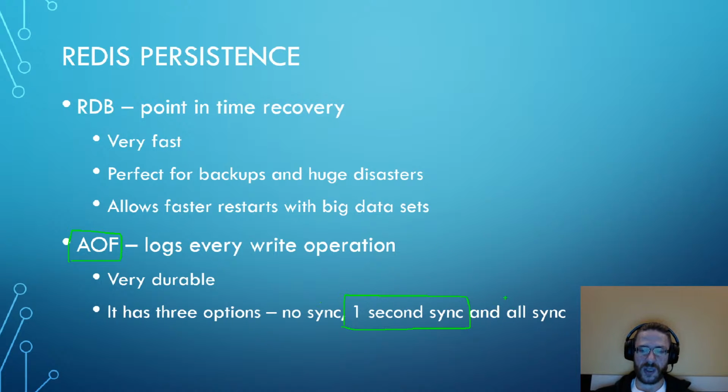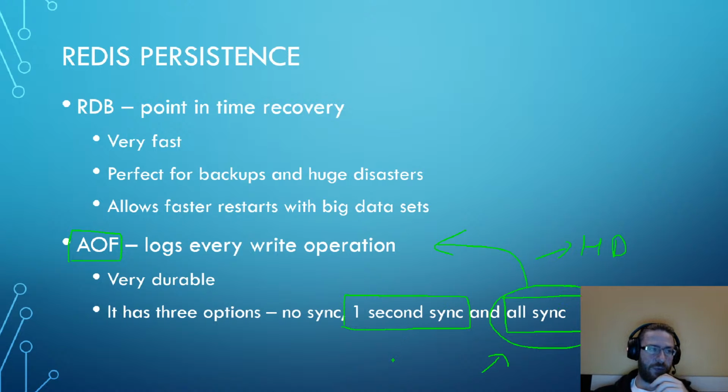And of course you can say always. Always means every single write operation will be written to the hard drive. And that's the safest option, that's the most durable option, but it's very slow. It's very slow relatively, of course, because Redis is actually a super fast database. And when we turn on the persistence to always, we are slowing it down a lot.